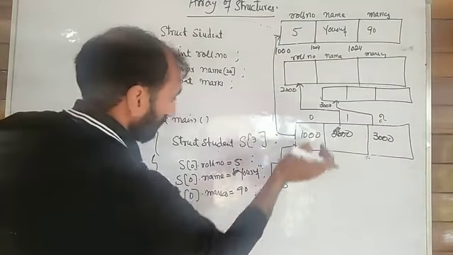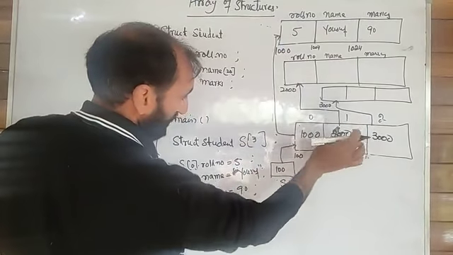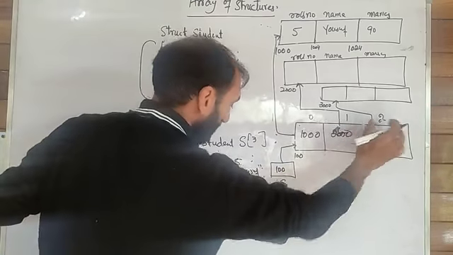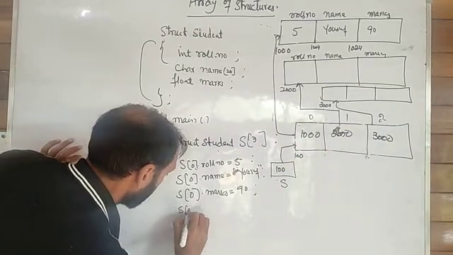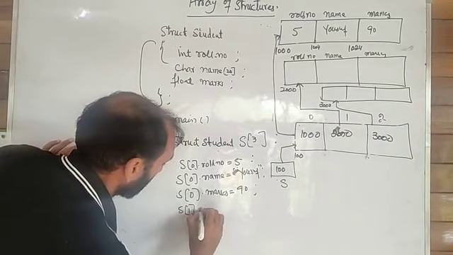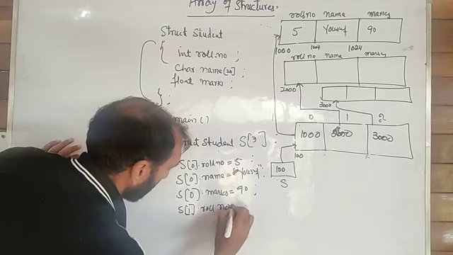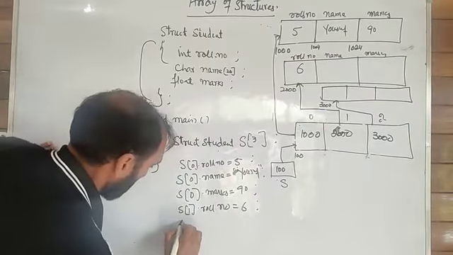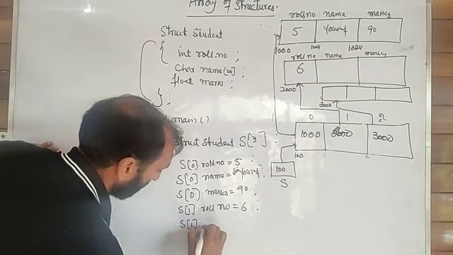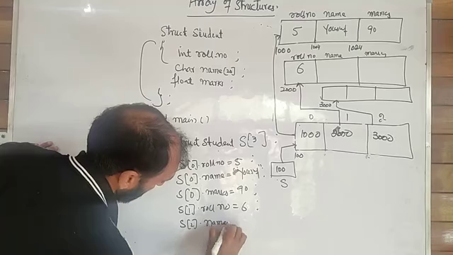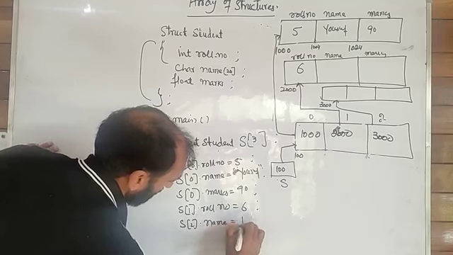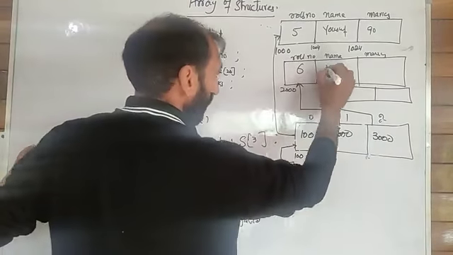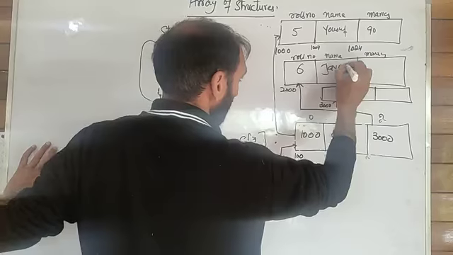Now for S of 1, where is S of 1? This is S of 0, this location is S of 1, this is S of 2. S of 1 dot roll number, for example, equal to 6. I have assigned this 6. S of 2 dot name equal to Javed.